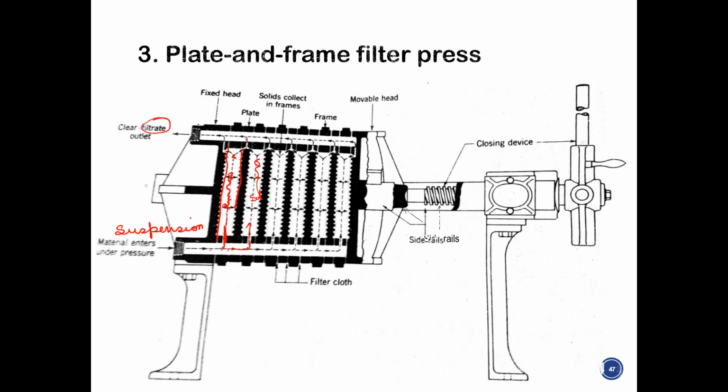Since suspension was entering over here and all the liquid is coming out of these channels, there's a filtrate. What do we call the solid? Yes, you got it. It's the cake. So this is the new term, and we are going to find out what is called the specific cake resistance. We'll look at that also in a few slides.